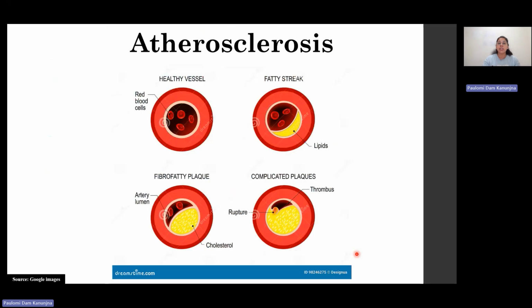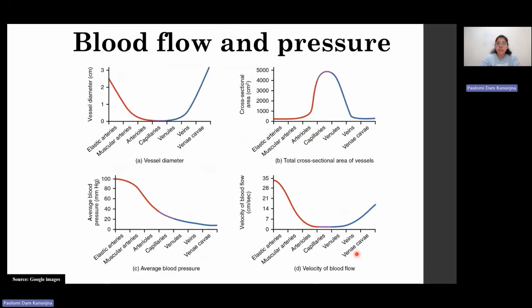And hypertensions. Okay, now this we did in the last session also, which is basically talking about your blood flow in your different kinds of blood vessels based on different parameters like vessel diameter, how does that influence your blood flow? Cross sectional area, how does that influence your blood flow? Average blood pressure and your velocity of blood flow, how does that change across blood vessels?